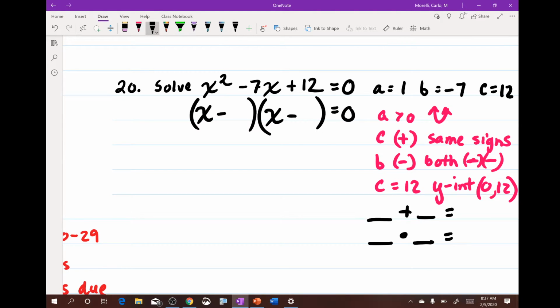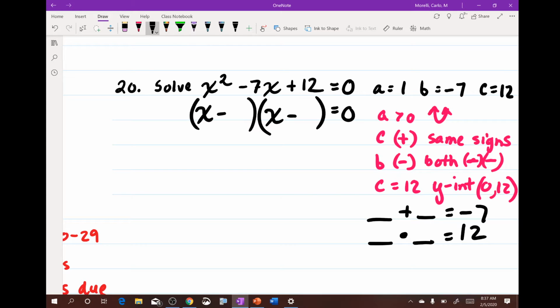Justin, what number goes right here? I'm going to give you a hint. It's the B value. -7. And what number goes right here? 12.